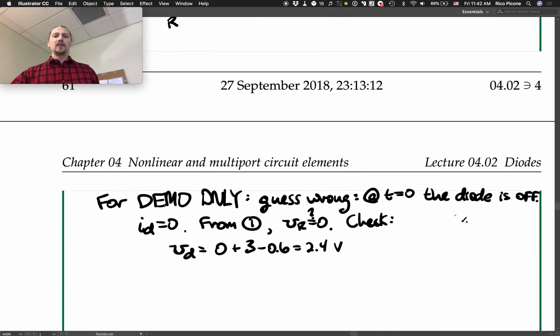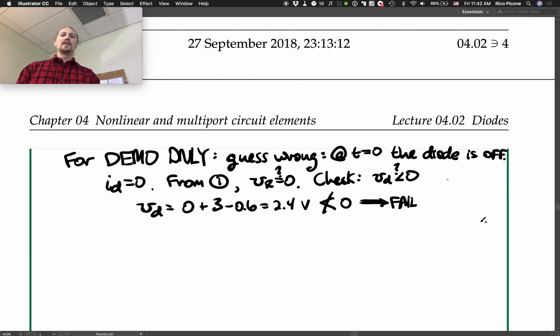And so our check was that VD had to be less than 0, right? Is this less than 0? No, it's not. So we could write "not less than 0." Therefore, it fails the check.